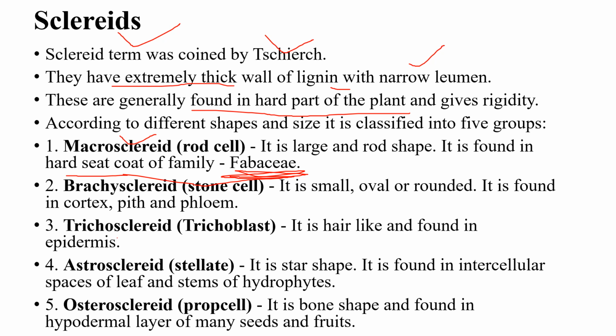Trichosclereids are generally found in epidermis. Asterosclereid, that is stellate or star shaped, is found in intercellular spaces of leaf and stems of hydrophytes. Osteosclereid, that is prop cell, is bone shaped and found in the hypodermal layer of many seeds and fruits.